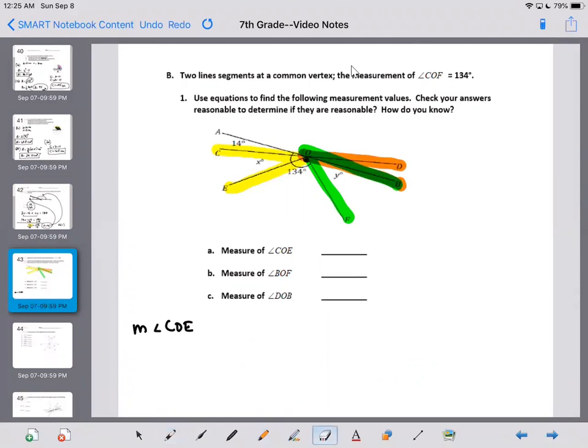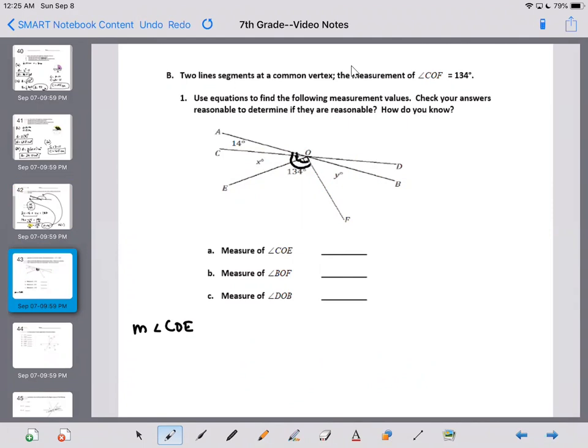All right, so let's start with what we know. Well, we know this entire angle is 134. And we also know that we have a 90-degree angle, and we have an X angle, and we have a 14-degree.